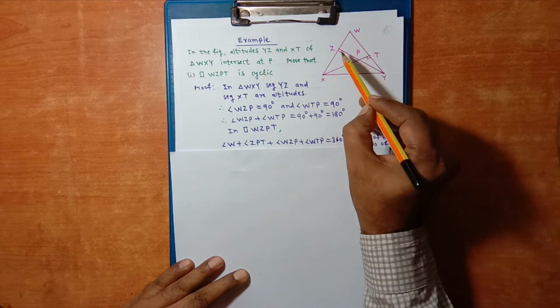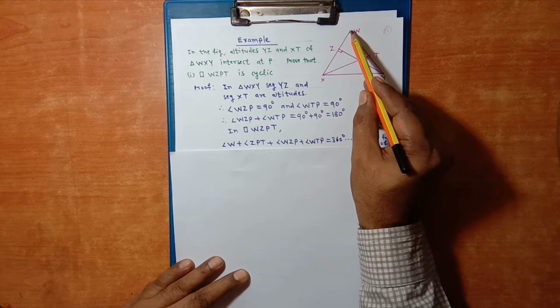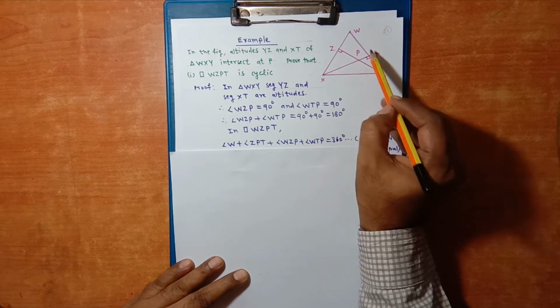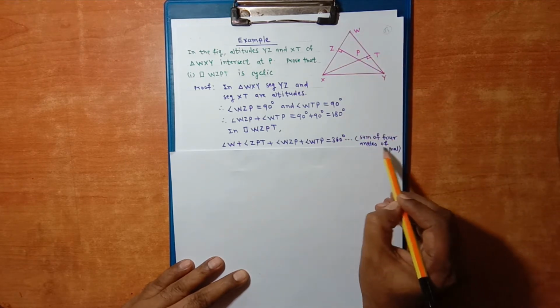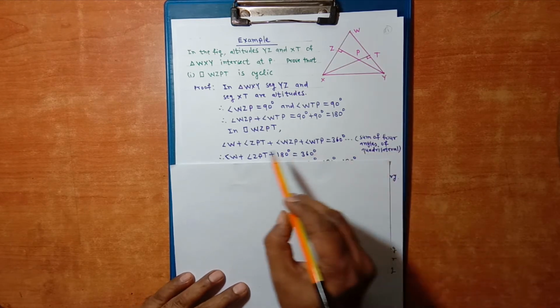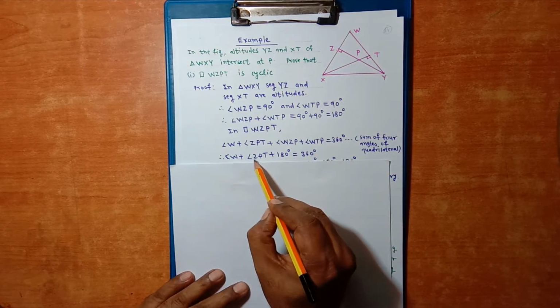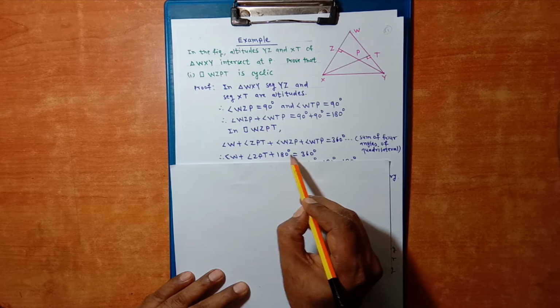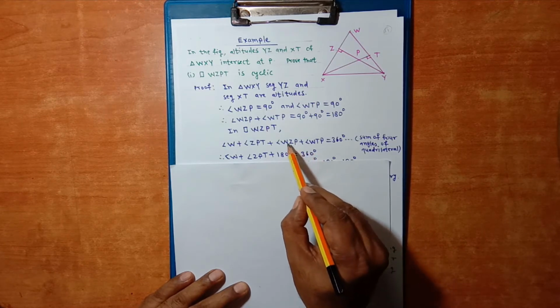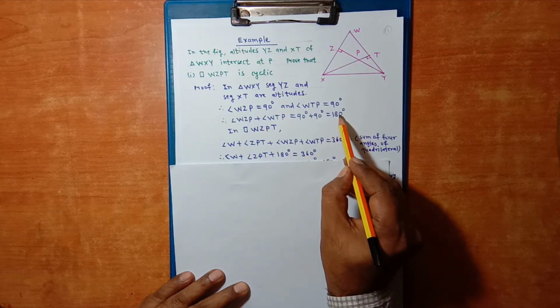The reason is the sum of the 4 angles of a quadrilateral. So angle W plus angle ZPT plus 180 is equal to 360, because the sum of these two angles is 180. We have proved it.